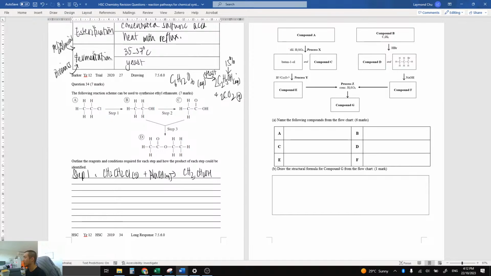The product of this, ethanol, could be identified by oxidizing it, which is step two. You could oxidize with permanganate, so it would change from purple to colorless. That's what you should observe when you oxidize it with permanganate.